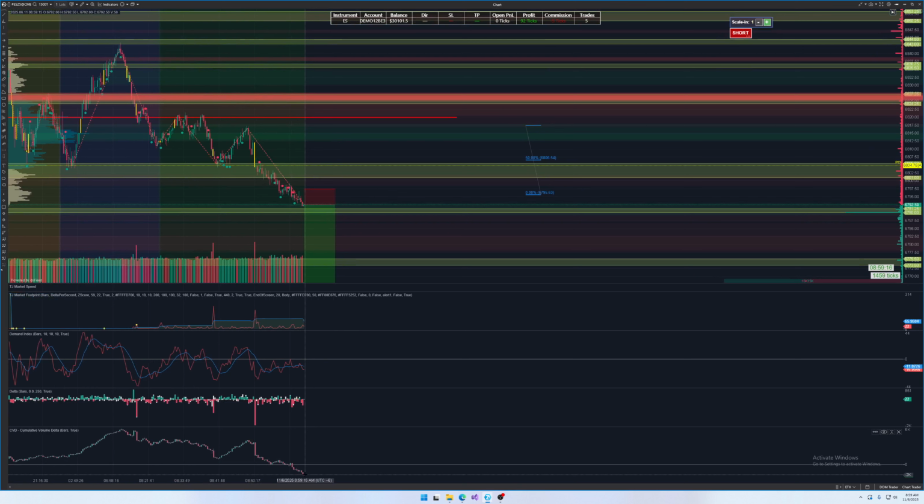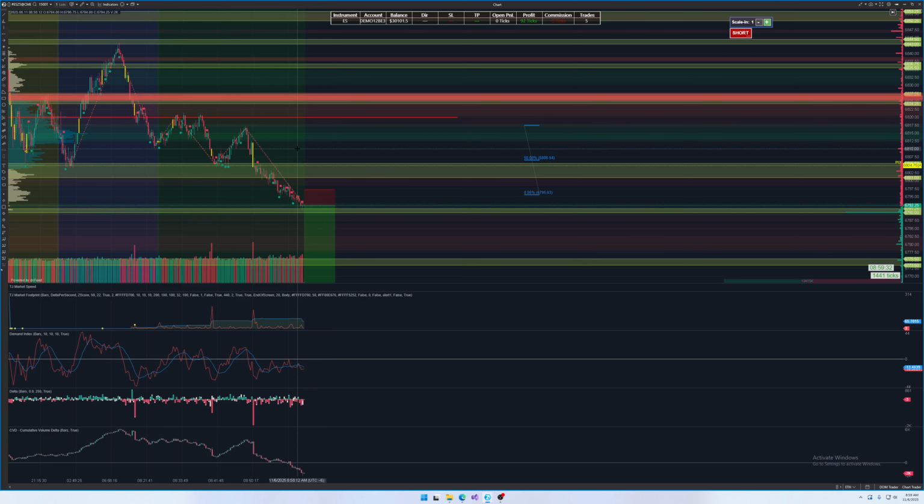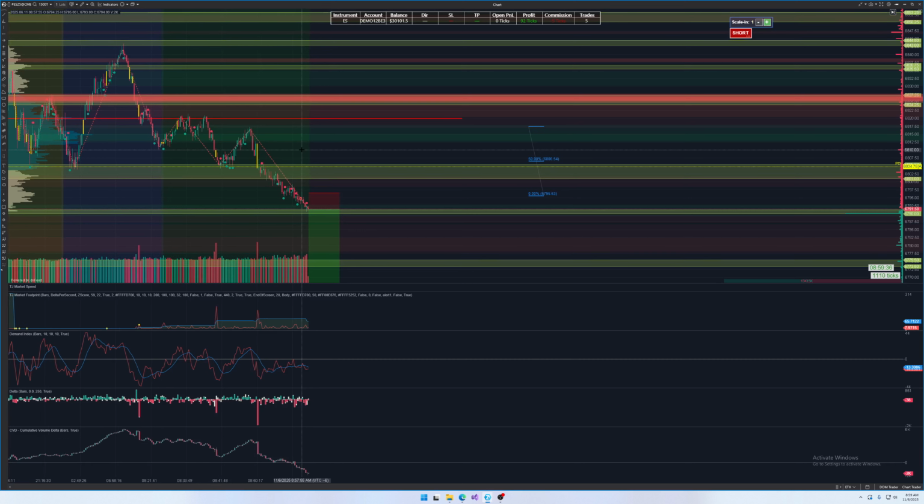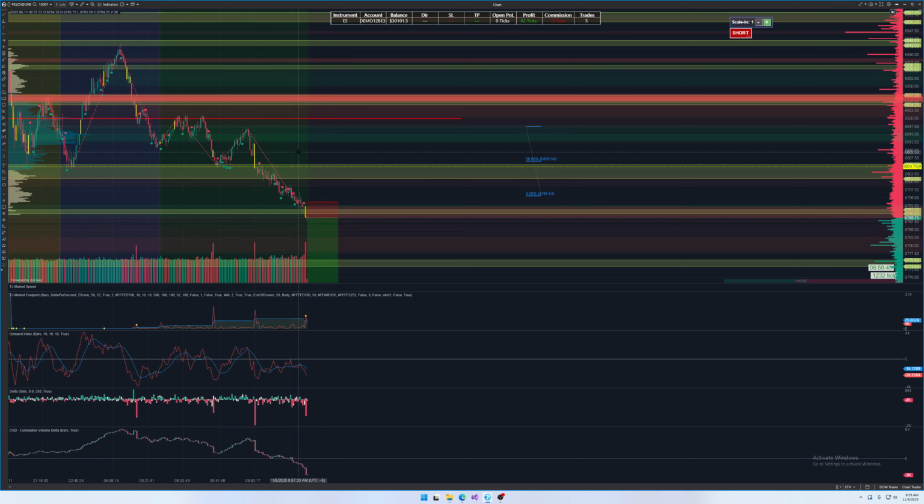This is cumulative delta here. It goes massively down today. We see, oh here, look, the market is reacting right here. And it just goes through.